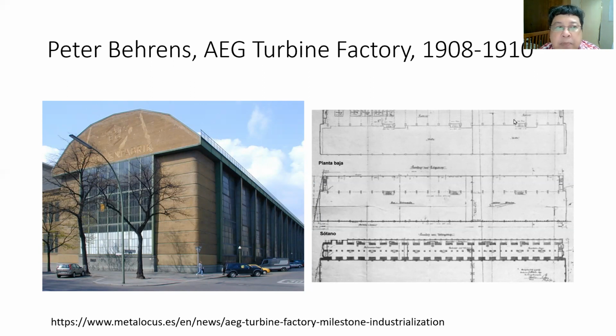So when you look at the form of this particular factory of Peter Behrens, it still has something that alludes to the classical form, almost like a pediment top with two bedded columns. But when you start looking at it, there is some new material or new construction being used, such as steel and glass during this time.